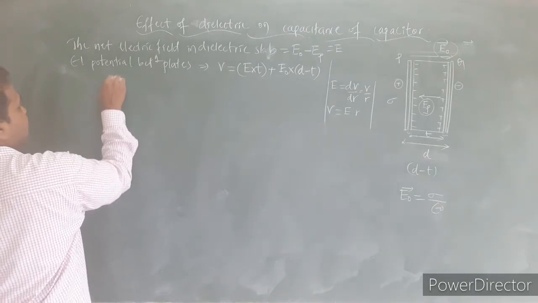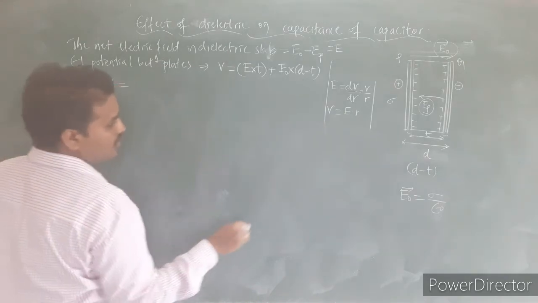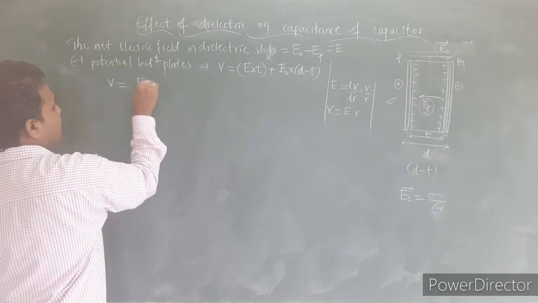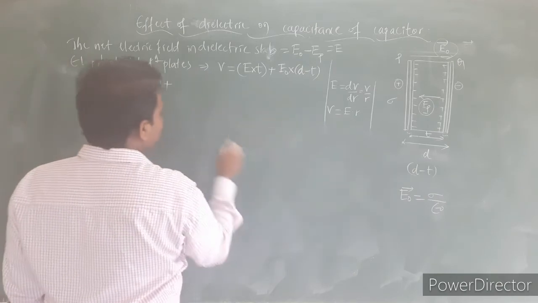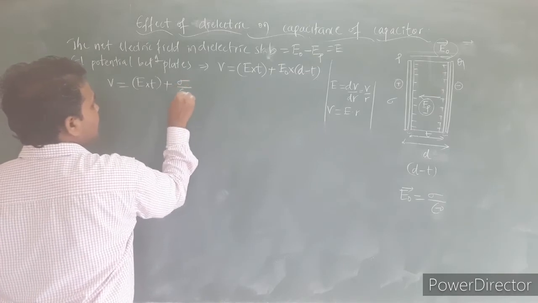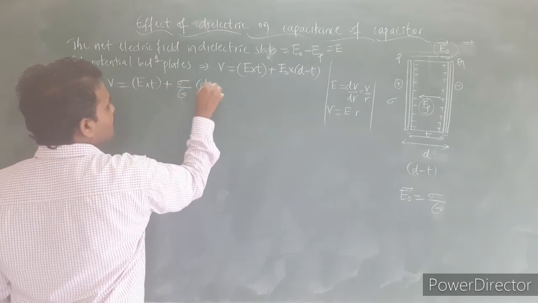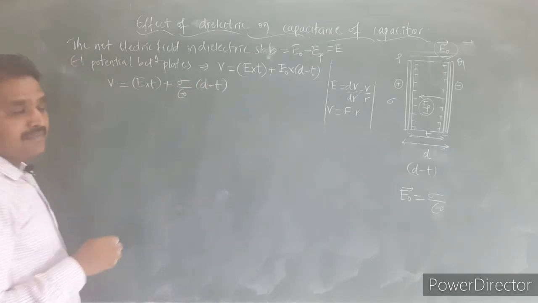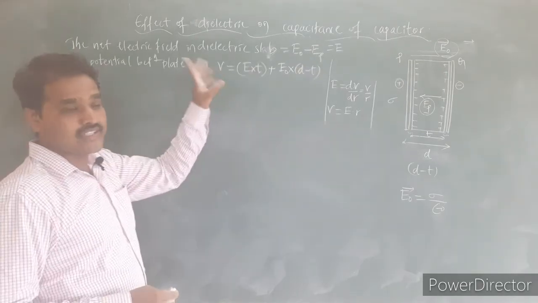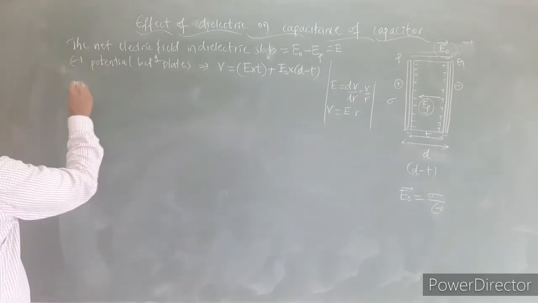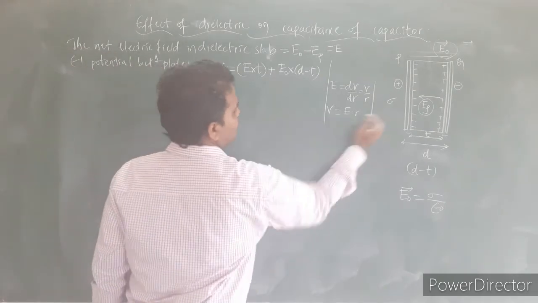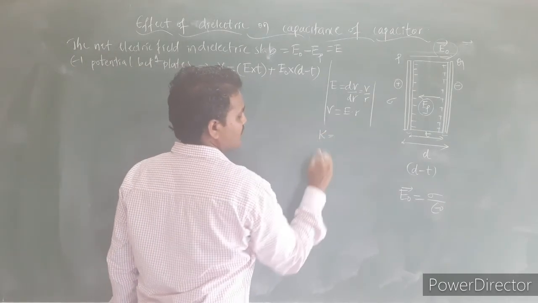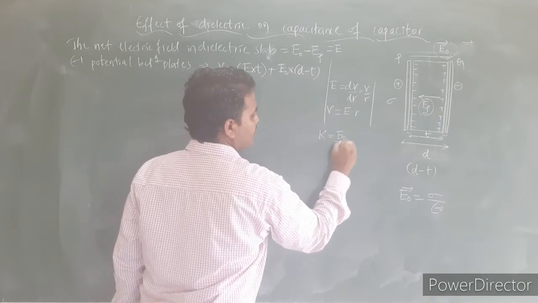I can write the same expression as V is equal to capital E into t plus sigma divided by epsilon naught into d minus t. Next, I can simplify this equation. We have another relation that the dielectric constant is given by E naught divided by E.